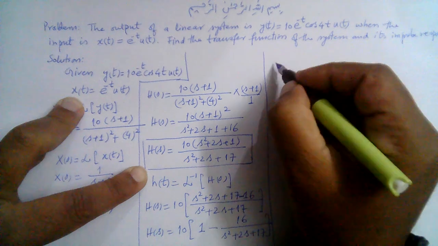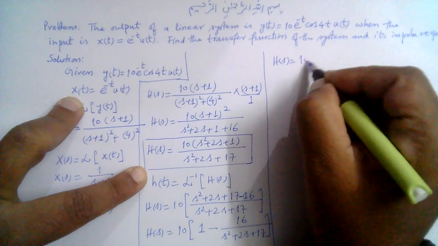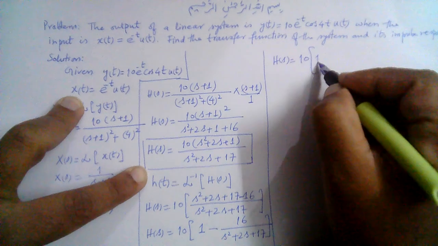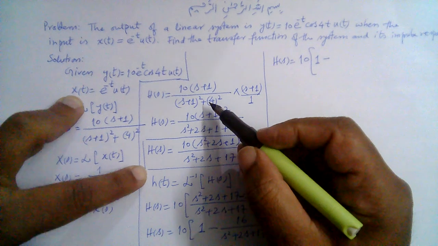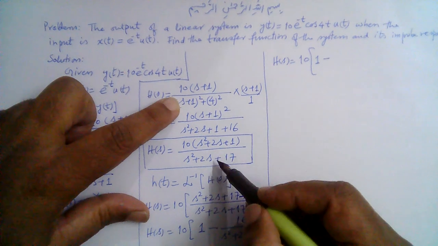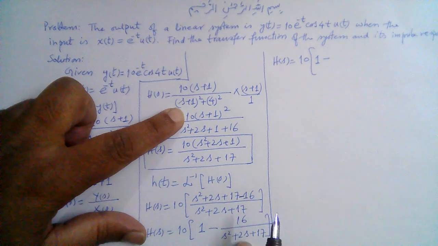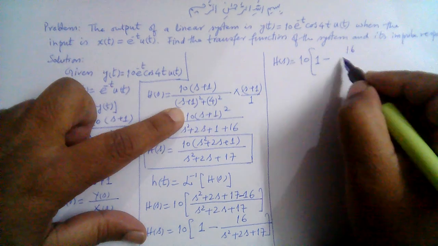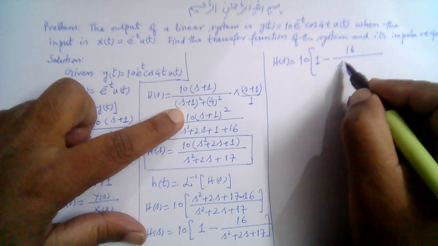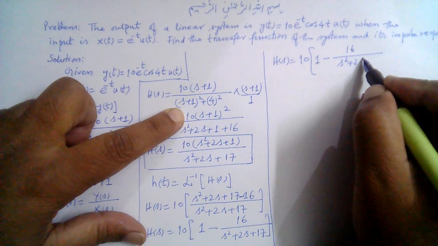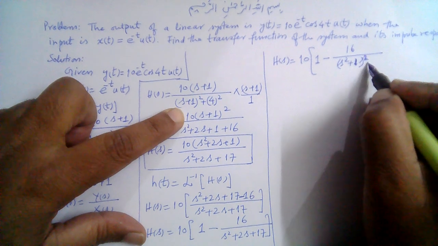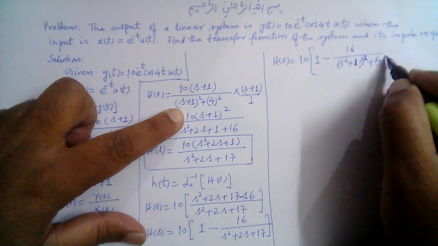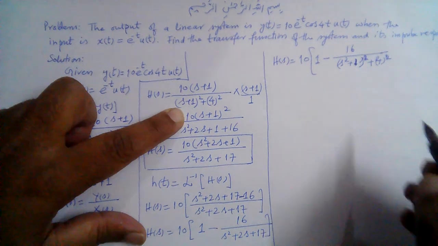So h of s is equal to 10 times 1 minus, and now this can be written back to the form we expanded from. So minus 16 by completing the square, right? So this is s plus 1 squared plus 4 squared.